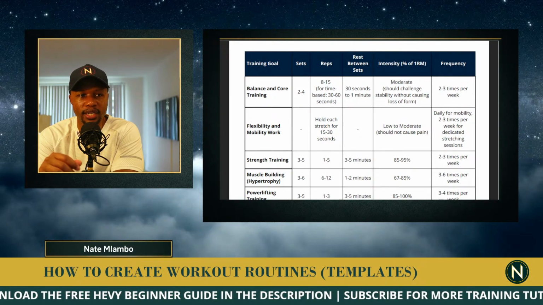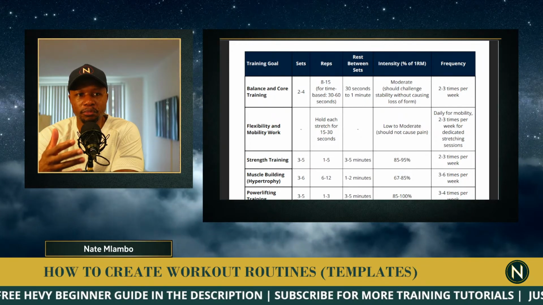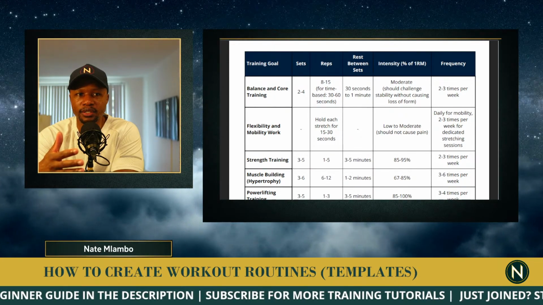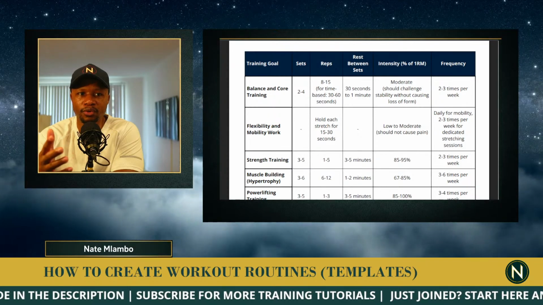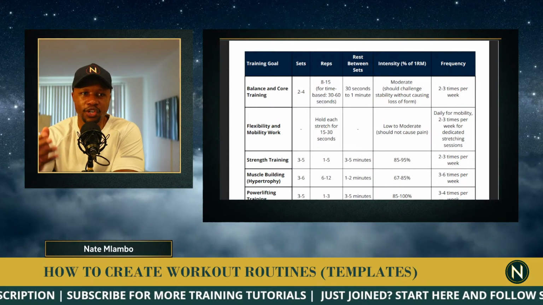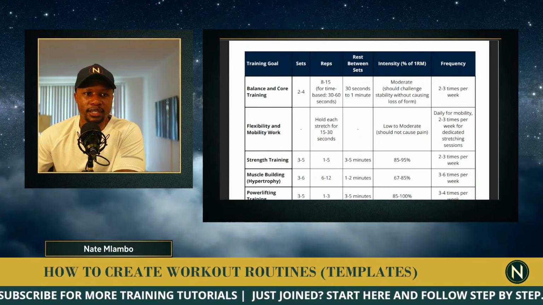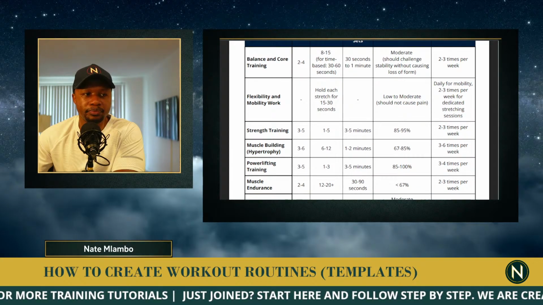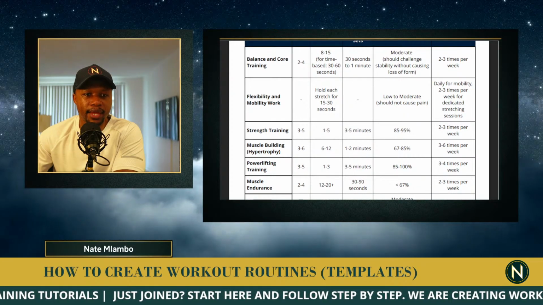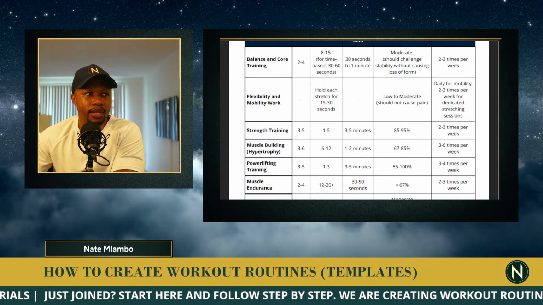So this gives you a breakdown of what you'd use to program, and how often you're training throughout the week. This is the template and the cheat sheet that you use.